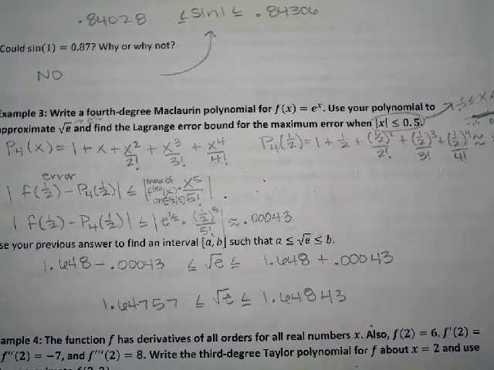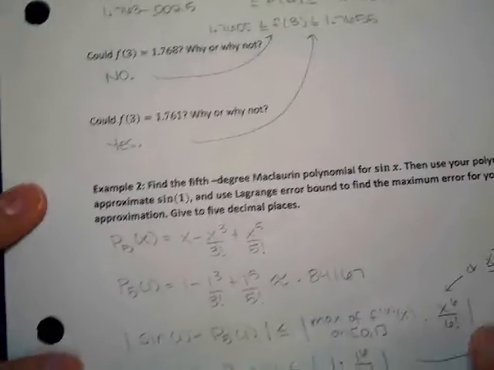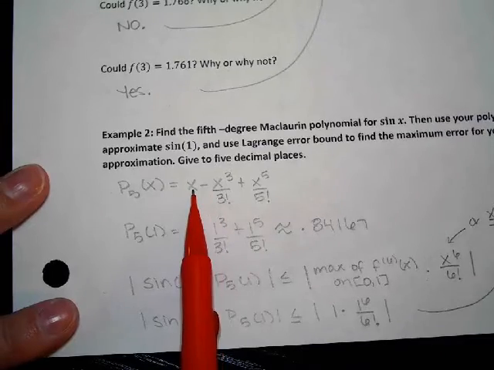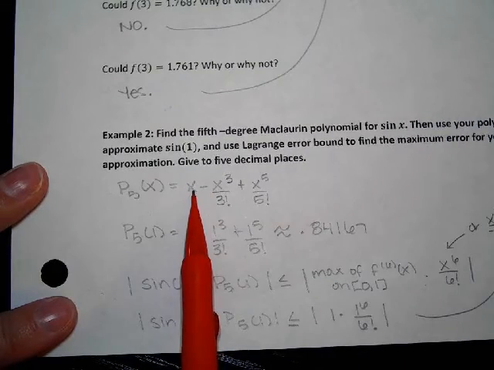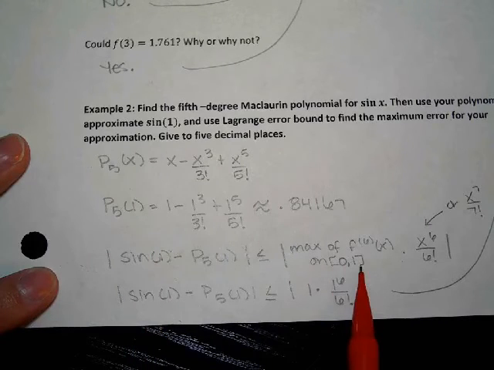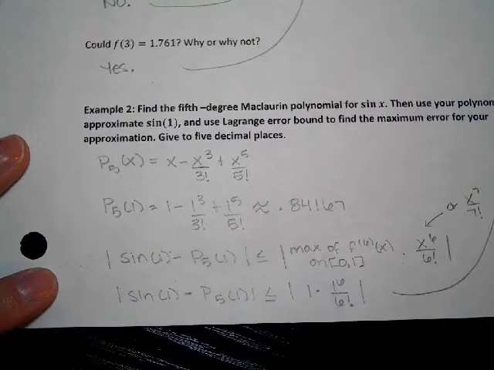Does that make sense? And if you look back at sine of 1, the interval they used there, the center was 0 because it was a Maclaurin, and then 1 is what you were plugging in, so they used 0 to 1. The previous problem, the center for that was 2, and they were plugging in 3, so they used 2 to 3.